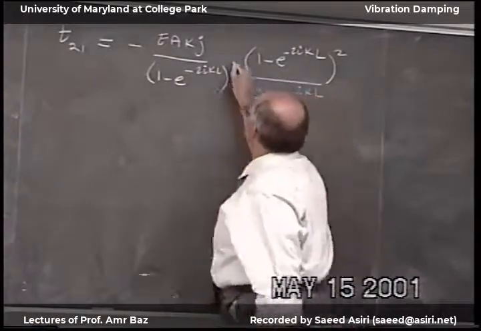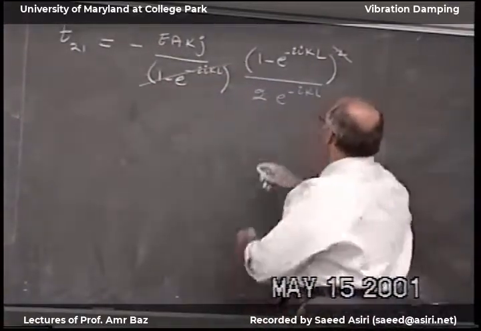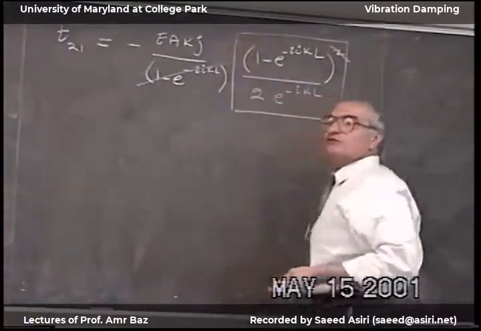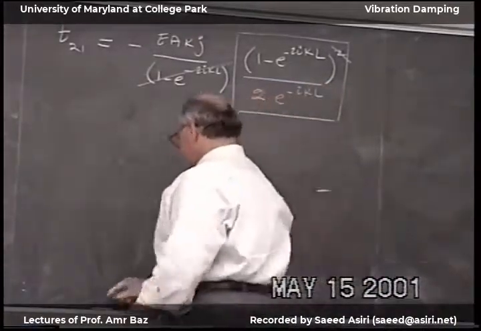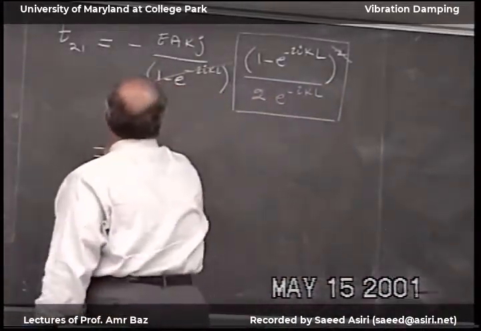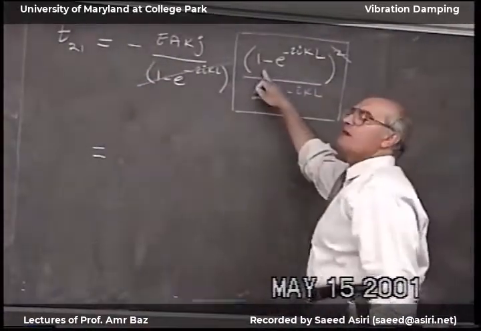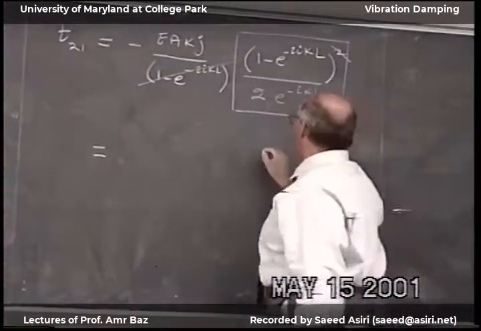So this term will drop with this, and then this group reduces to i sine KL.